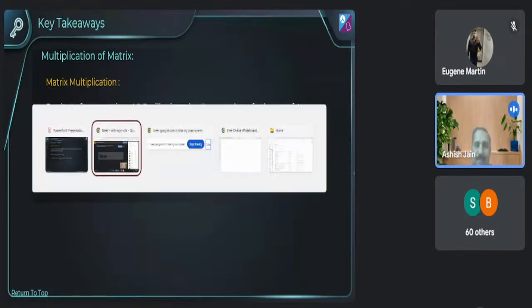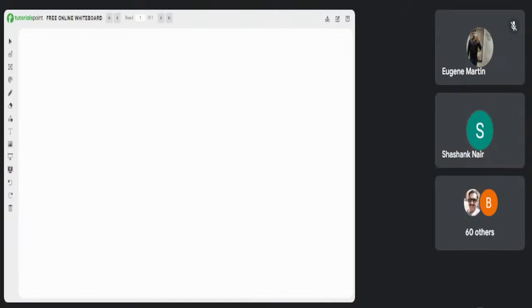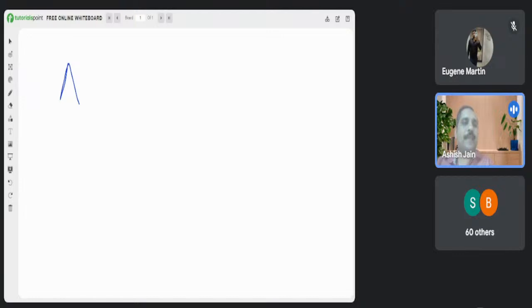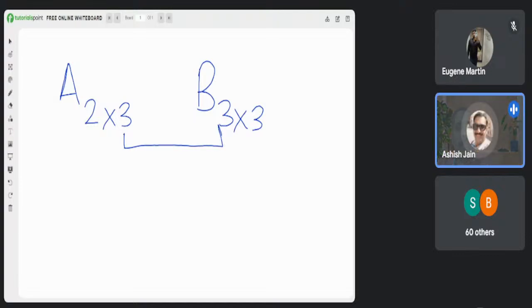इसको आप ऐसे भी समझ सकते हो. I hope this whiteboard is visible to you. Is it visible? Yes, sir. Okay. Suppose I have a matrix capital A of the order 2 rows and 3 columns, and I have a matrix capital B of the order 3 rows and 3 columns. ठीक है? If I need to multiply these two matrices, I will check number of columns of A should be equal to number of rows of B. Yes?